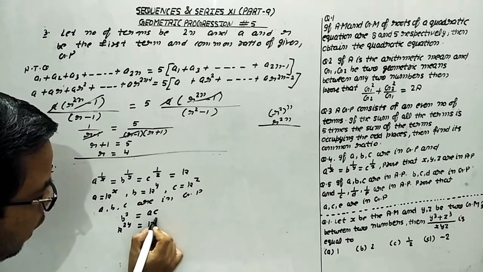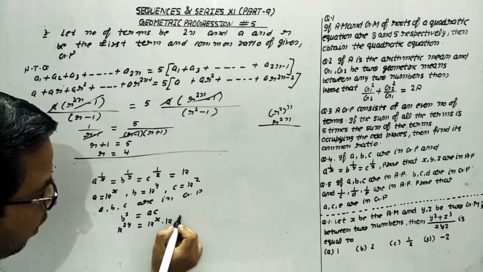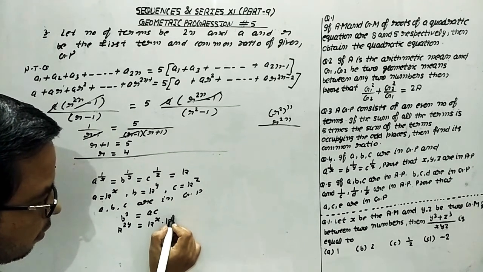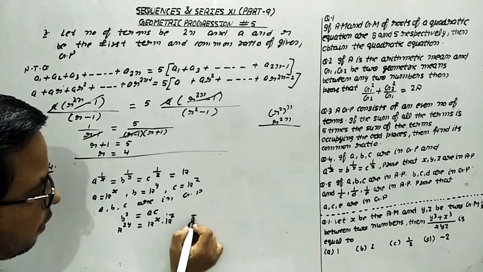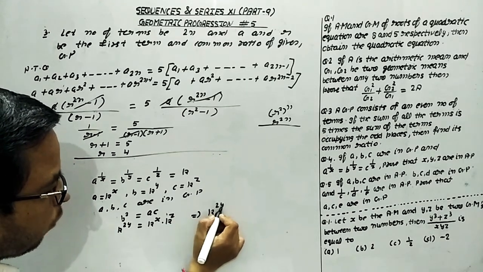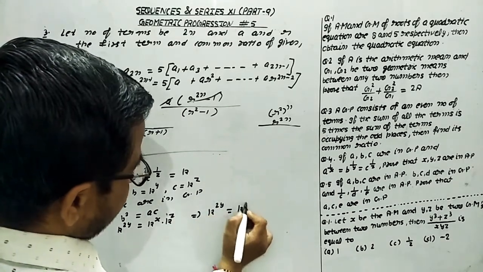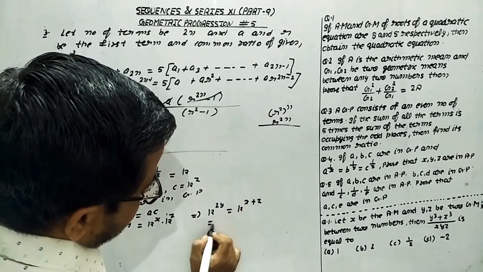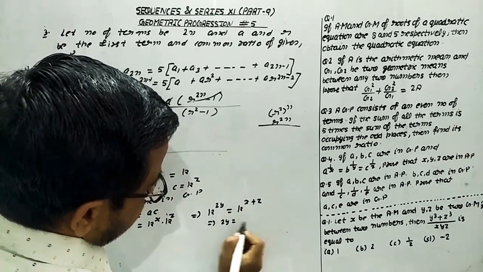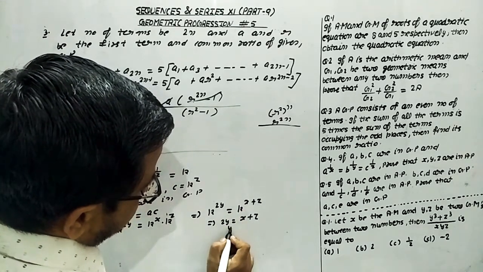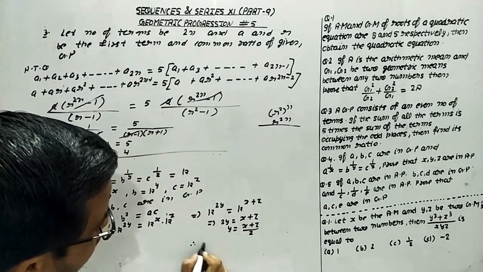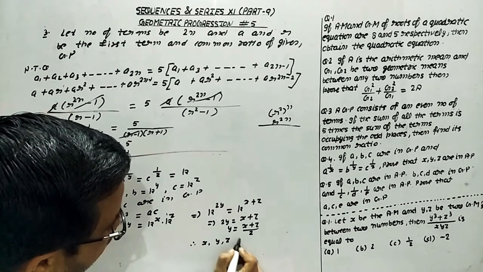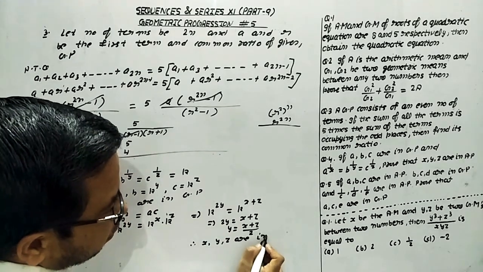K raised to power x, and c is k raised to power z. It implies that k raised to power 2y is equal to k raised to power x plus z. It implies that 2y is equal to x plus z. It implies that y is equal to x plus z upon 2. Therefore, you can say x, y, z are in AP.